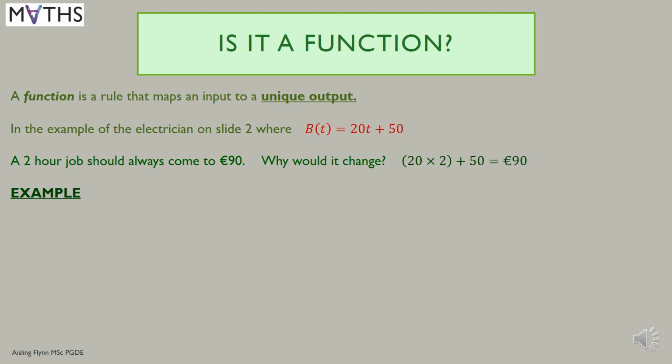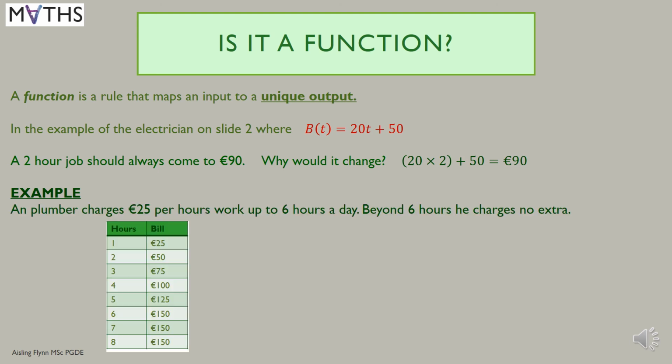Do the calculation again: multiply 20 by 2 and add 50, you get 90. It will always be 90 with that function. Why would it change? If you start coming up with bills of 110 for some people and 70 for others, there's something wrong.